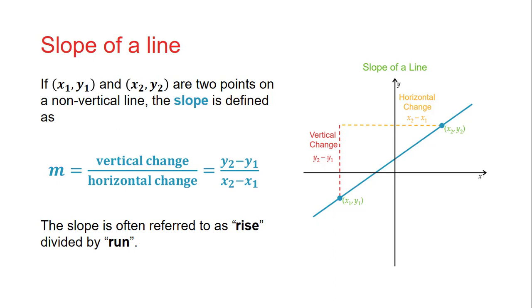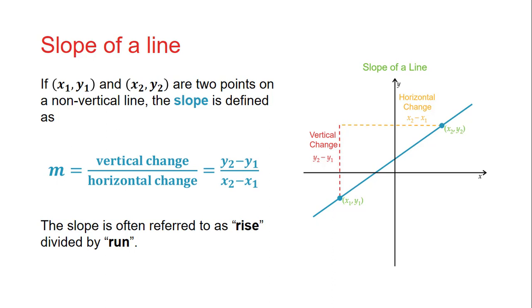So if (x1, y1) and (x2, y2) are 2 points on a non-vertical line, the slope is defined as the letter m, which is equal to the ratio of vertical change divided by horizontal change, which is equal to, well, the vertical change is really the change in the y values of the 2 points, so that is y2 minus y1, divided by the horizontal change, the change in the x values, which would be x2 minus x1.